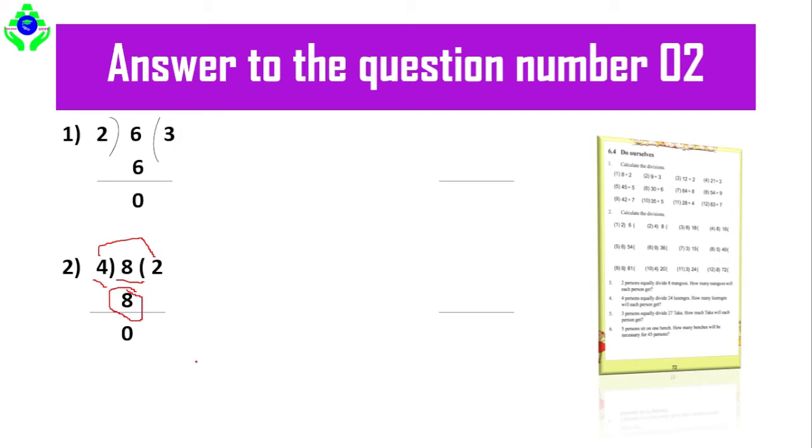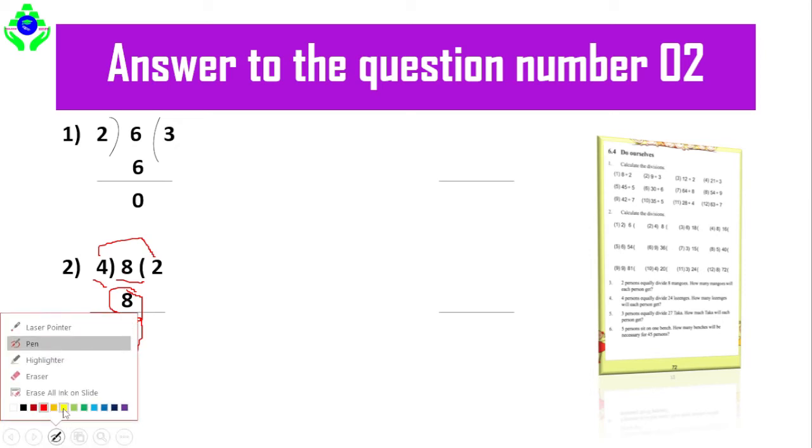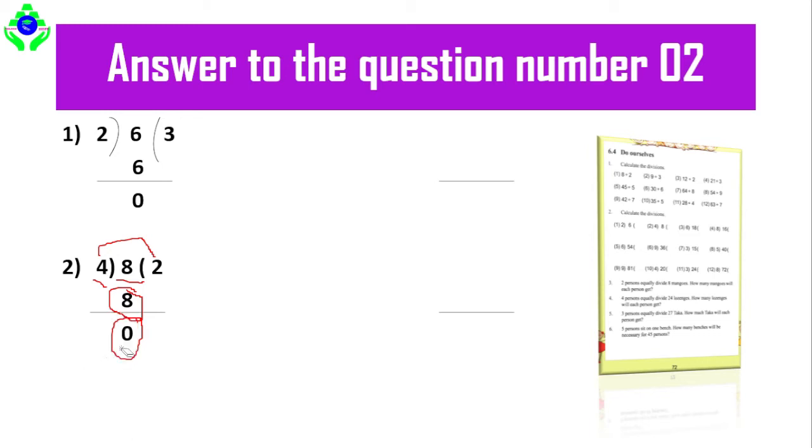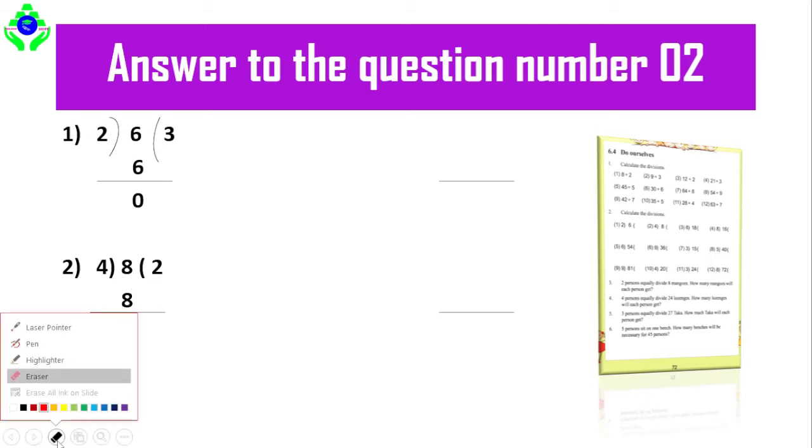After that, if we subtract this 8 from this 8, we know that 8 minus 8 is equal to 0. That's why we write a 0 here. That means 4 into 2 is equal to 8, and 8 minus 8 is equal to 0. So the answer of this question will be 2. That means 4 divided by 8 is equal to 2. Dear students, I hope you were able to understand the question.